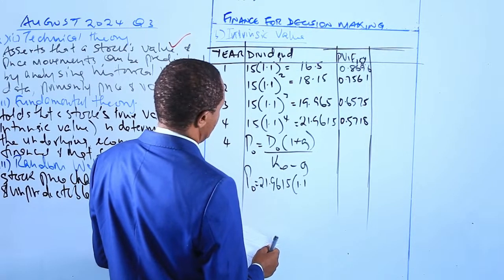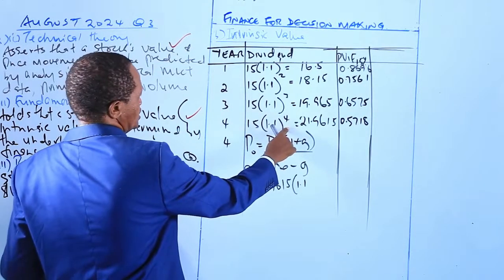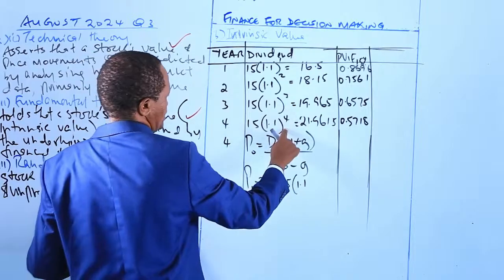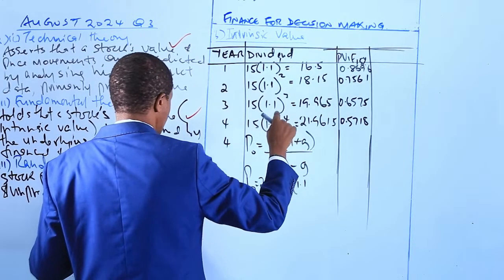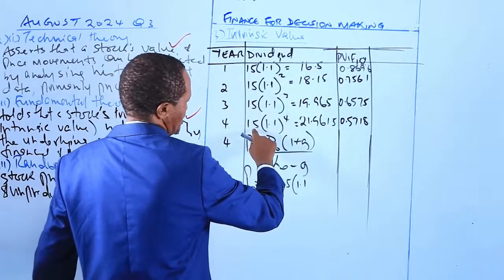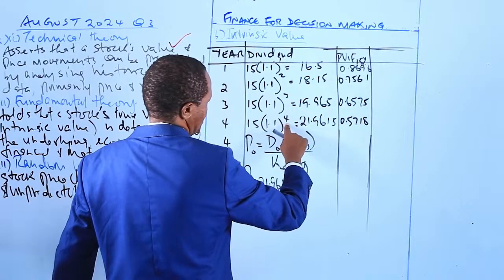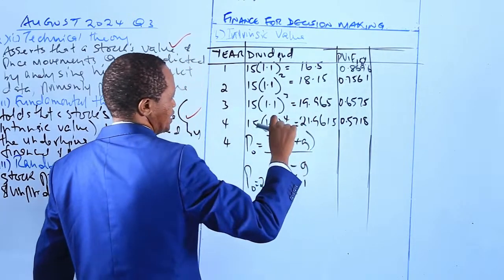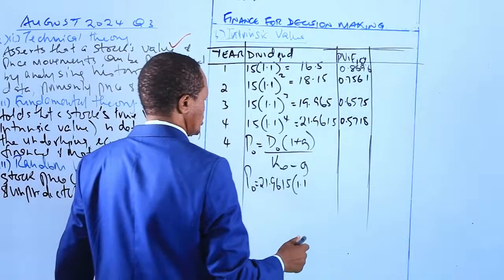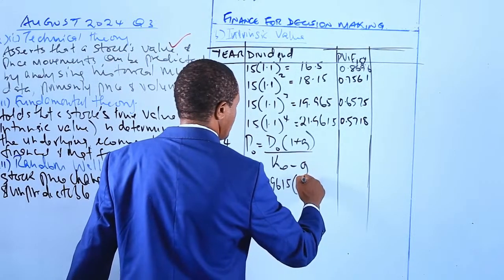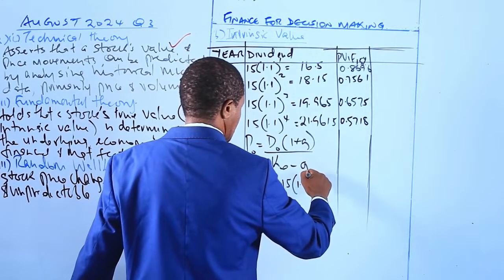So we have grown this dividend for the first 4 years, look at the board. Then after 4 years, we read, and at the rate of 12% thereafter. After growing this dividend at 10%, thereafter it will be growing at the rate of 12% in perpetuity. So it's going to be 1.12 and not 1.1.